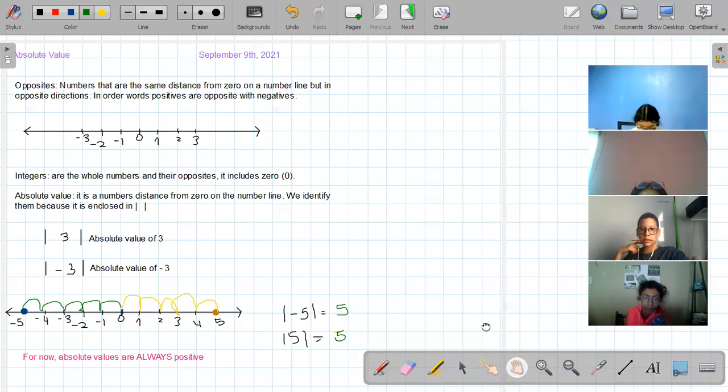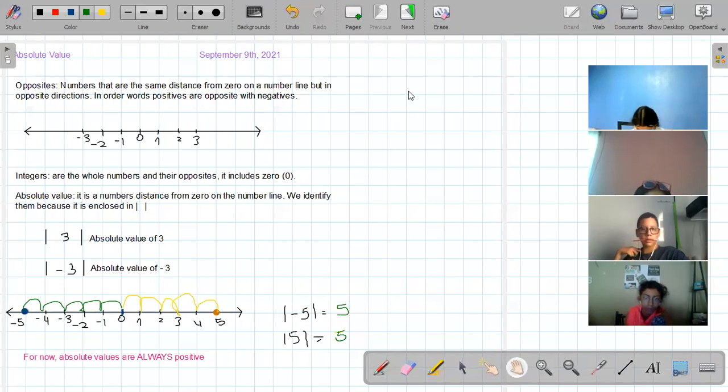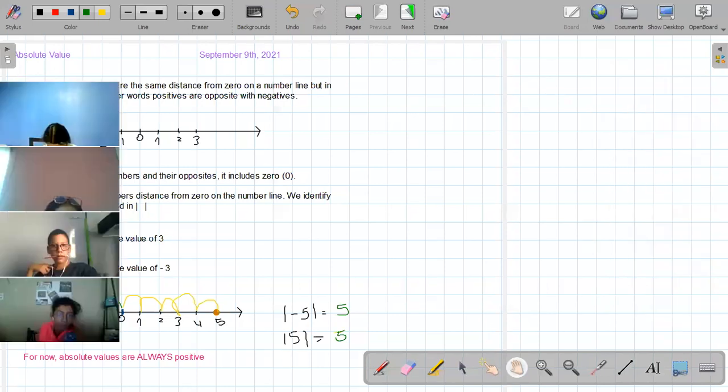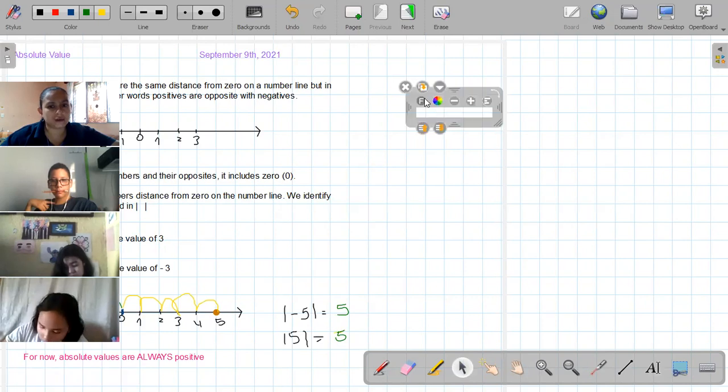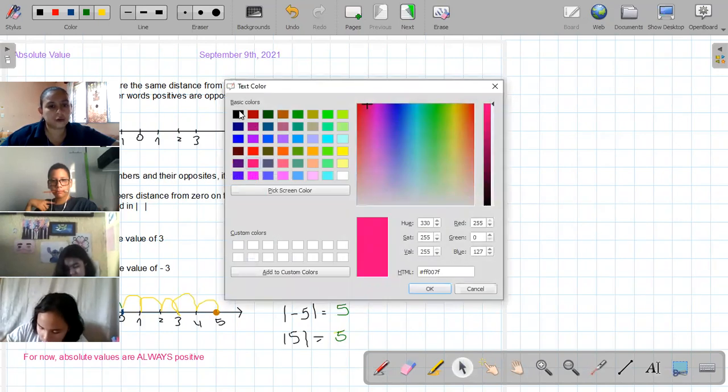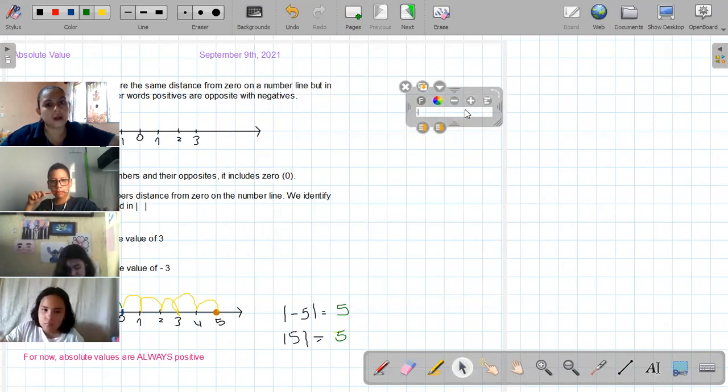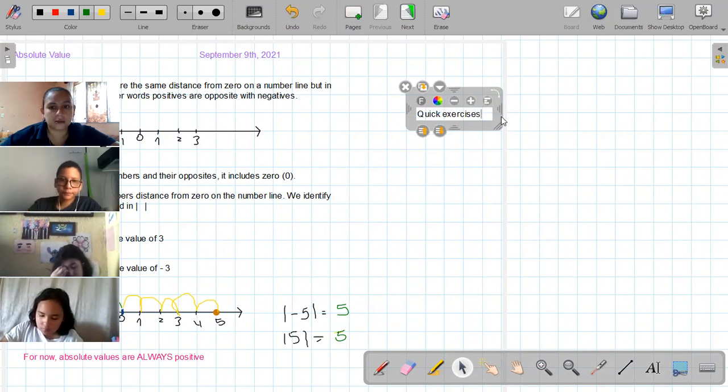Now I'm going to place over here some exercises so you can find the absolute value of them. This is a quick exercise that you need to solve in your notebook. We're going to call it quick exercises.